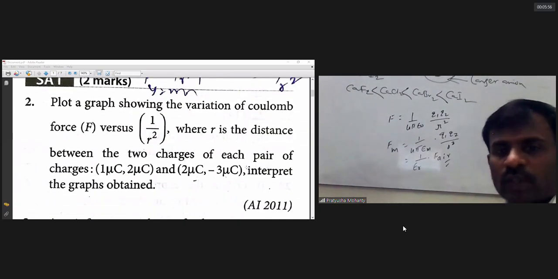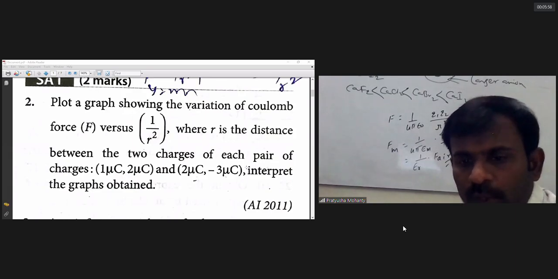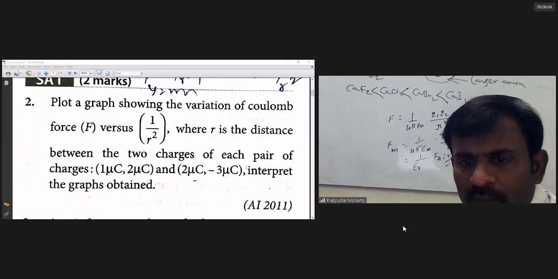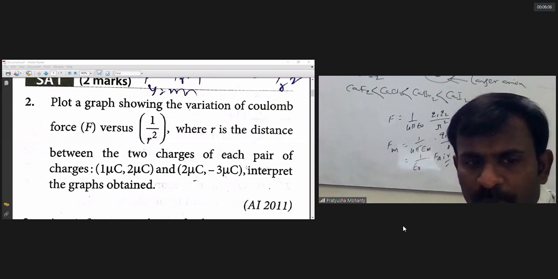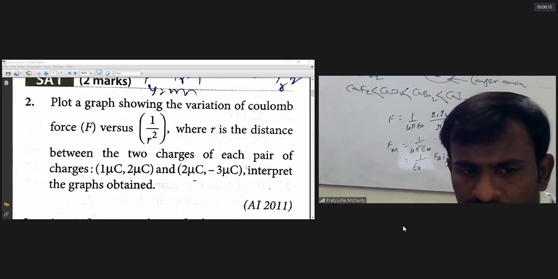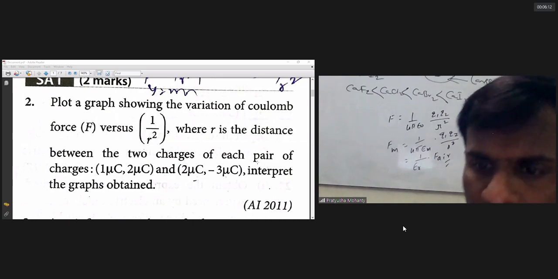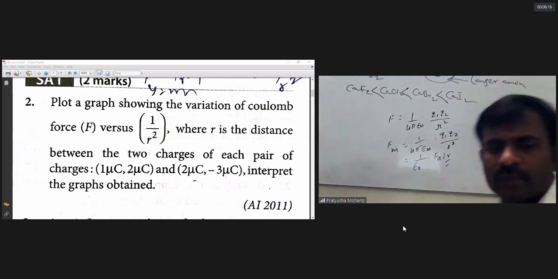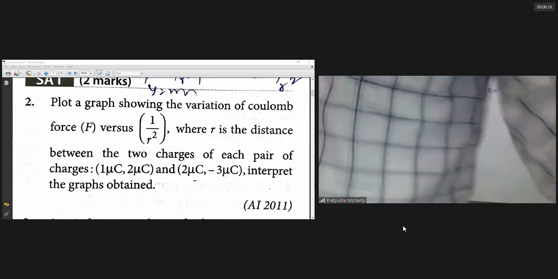Plot a graph showing the variation of Coulomb force F versus 1 upon r square, where r is the distance between the two charges, for each pair of charges 1 and 2, and 2 and minus 3. So they ask us to interpret the graphs.